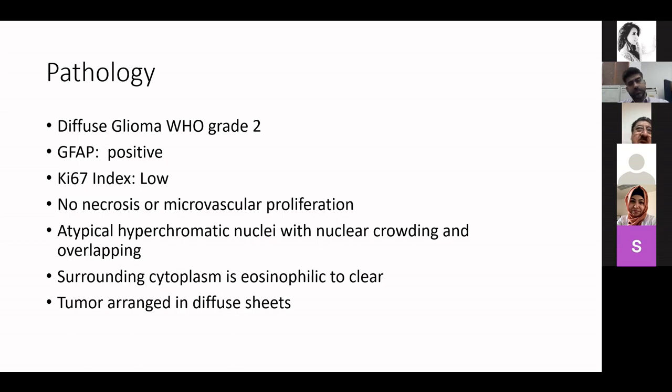Radiation would do the job. If radiation is to be given, it will be 54 gray in 30 fractions, 180 centigray per day, and that shouldn't give him any side effects. It's quite away from most critical organs like the brainstem and the optic chiasma.